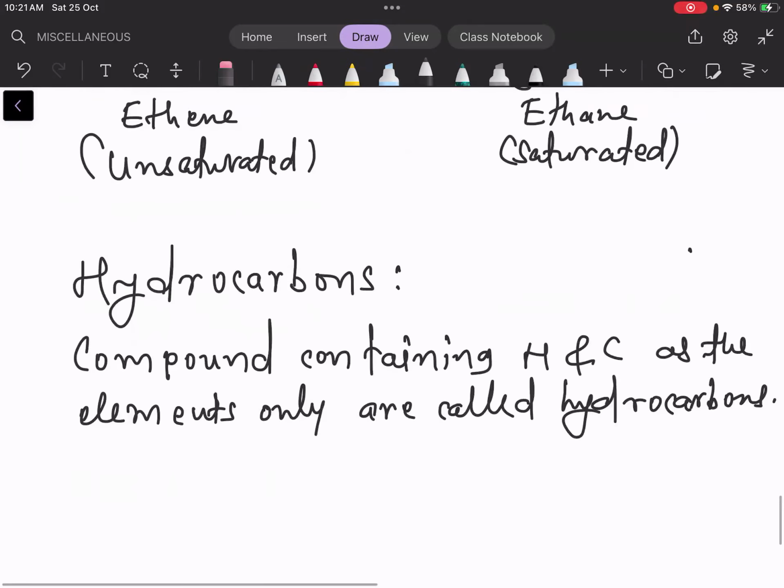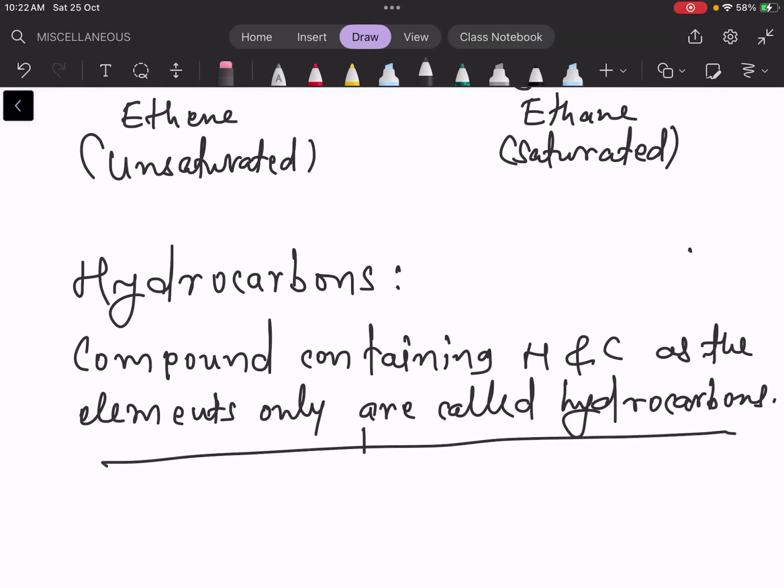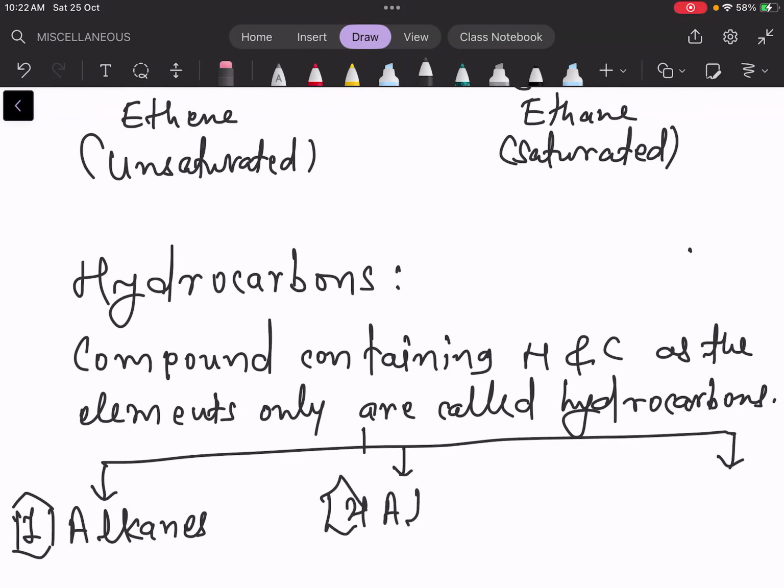Hydrocarbons. Now, hydrocarbons are further subdivided into three parts. That is alkanes, second one, alkenes, and third one, alkynes.